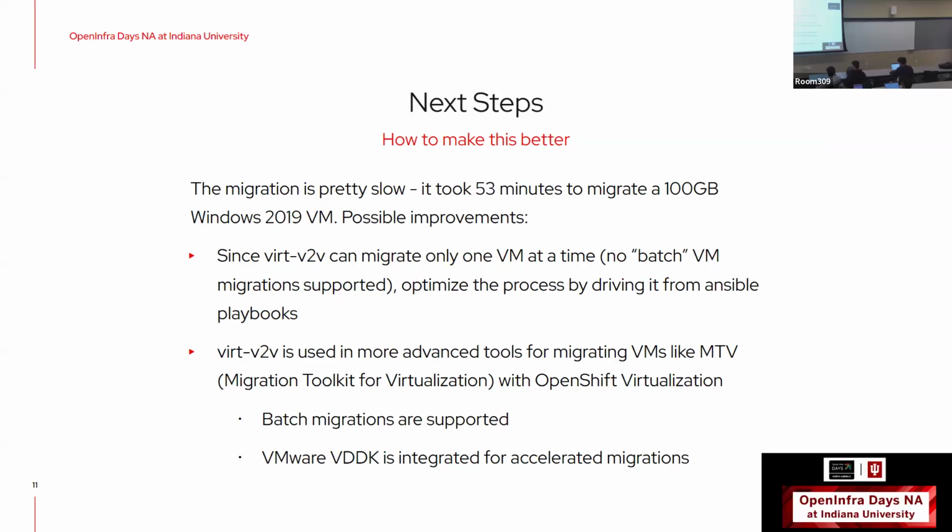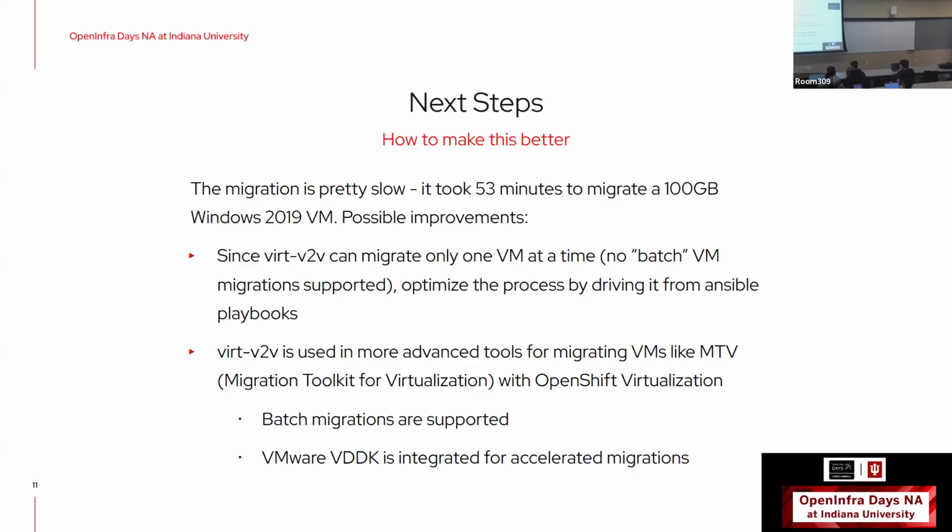It also doesn't support batch migrations. I can't do it like a plan where I can select multiple VMs. Well, since we want to do it for free, write some Ansible playbooks for free as well. Why not, right? And then you can do it a couple at a time, optimize the process.